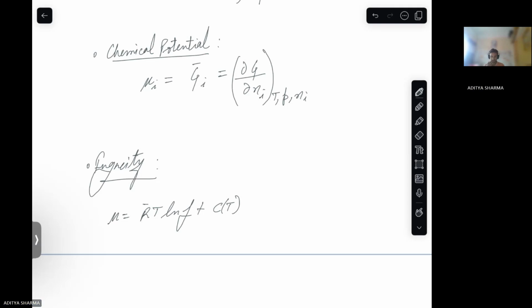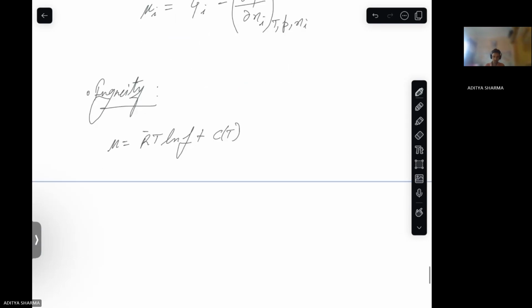But then if you see the limit when pressure tends to 0, f by P is 1, right? So P tends to 0 is the limiting condition, and in that limiting condition, the limit that we obtain of f by P is 1. So this way it is improving the mathematical functionality of an expression in which it is present. So this is your fugacity.